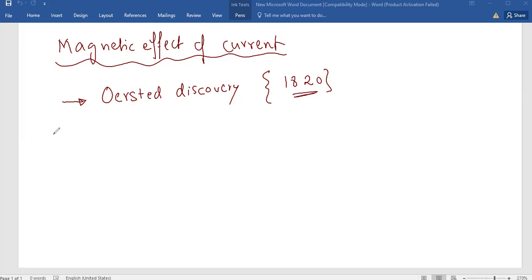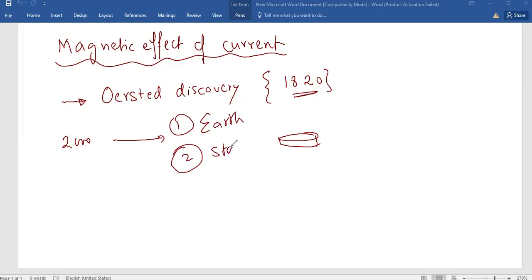Prior to this year, that means for the past 2000 years, people were thinking that a magnetic compass needle can be deflected by two things, either due to Earth's magnetic field or due to a magnetic stone's magnetic field. Those are the ores, magnetite and hematite, which you process in the industry to make bar magnets.